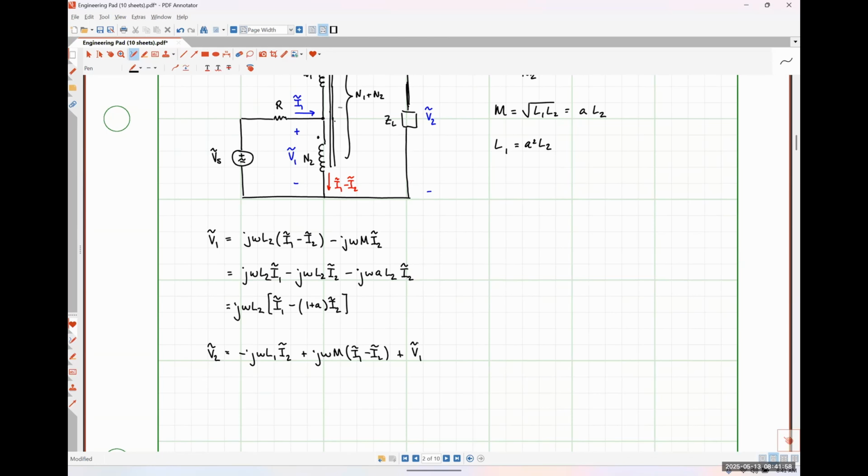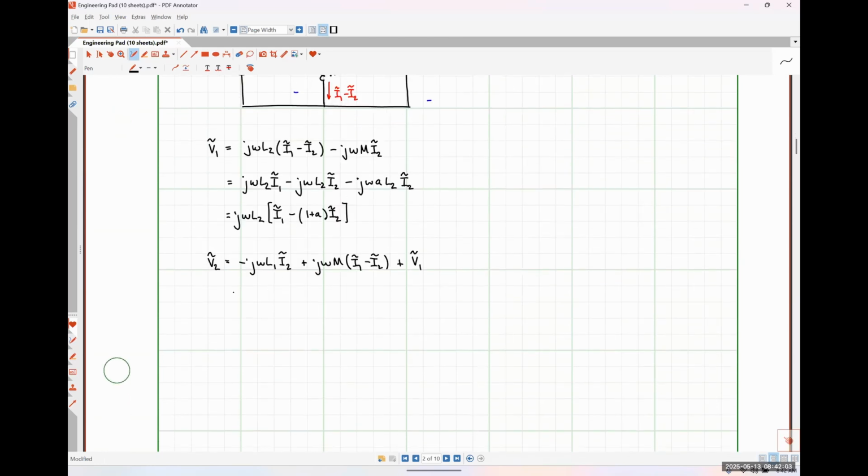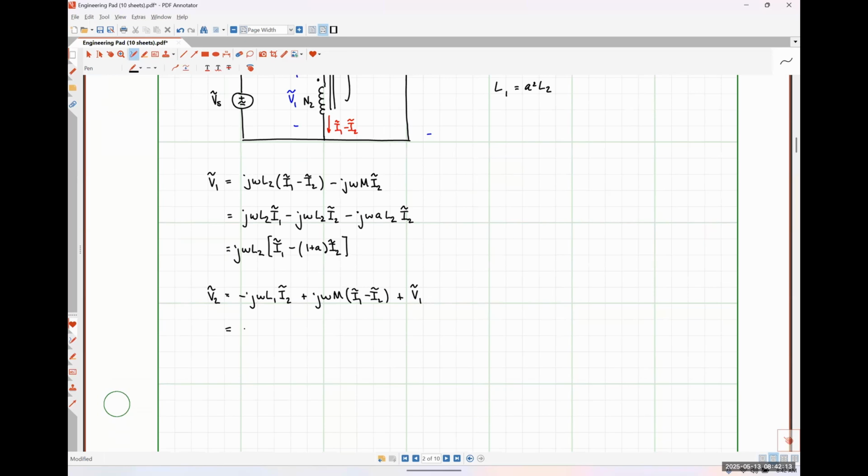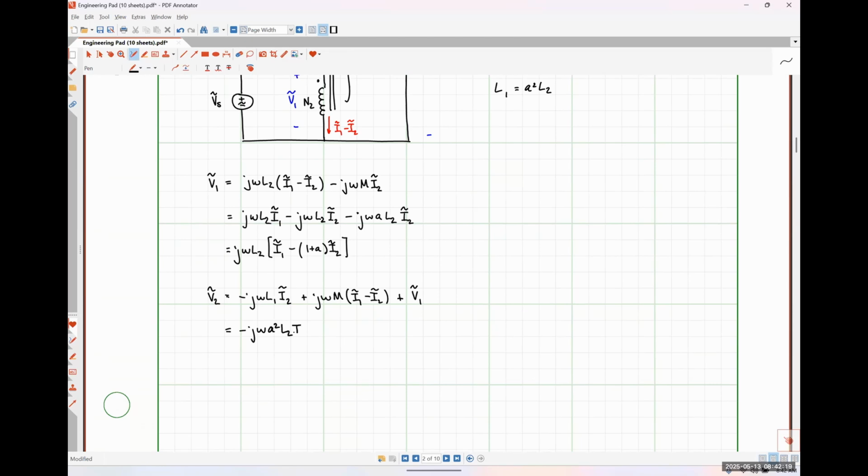Now I'm going to expand all of this out. Wherever I see L1, I can replace it with A squared L2. So that's going to look like minus j omega A squared L2 I2.